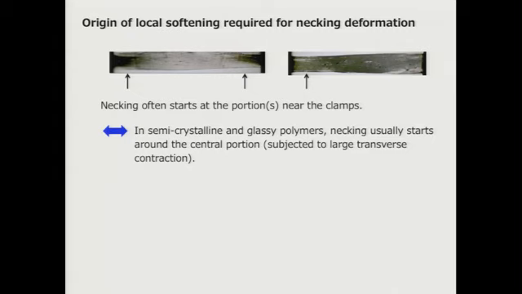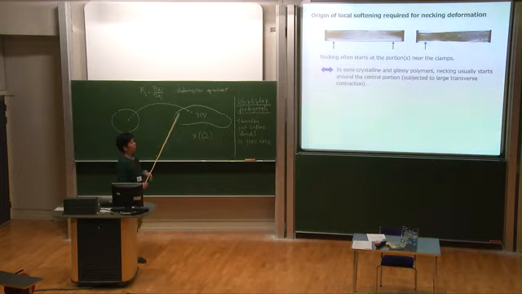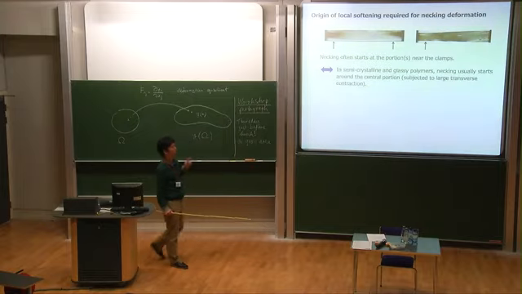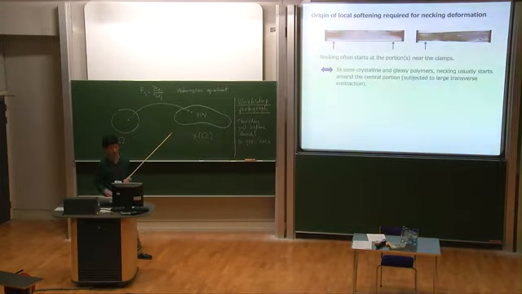The edge part is affected by the boundary conditions of the clamps, so the edge portions should have the least transverse contractions, while the central positions should be subjected to large transverse contractions. So we think that the origin of the local softening in nematic elastomers is different from that in conventional necking phenomena.